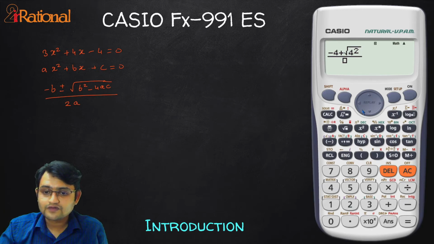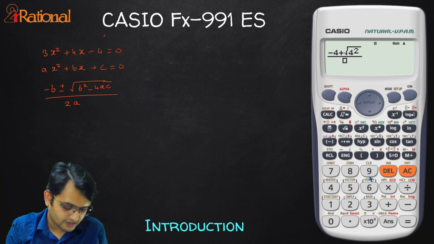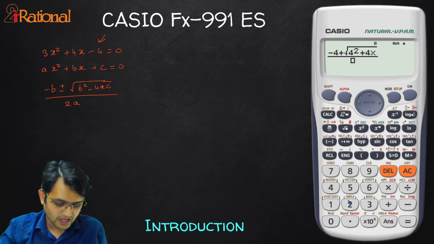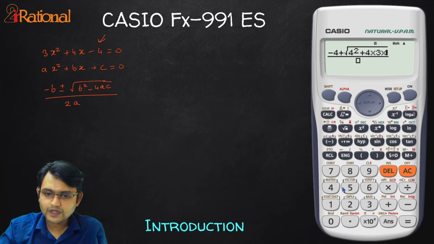So for that I will have to use my navigation button, that is our side arrow key. If I press that, you can see I get down. I want b square minus 4ac. My c is negative, so minus minus will become plus, so I'll just write plus 4 into a, that is 3, into c, that is 4.